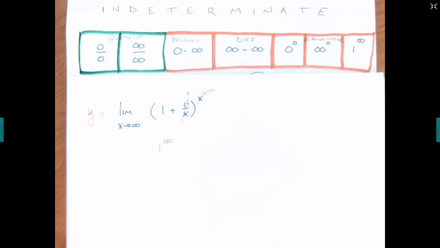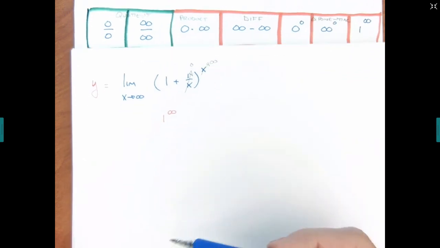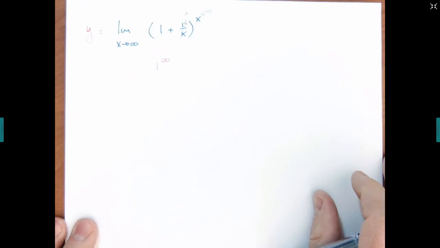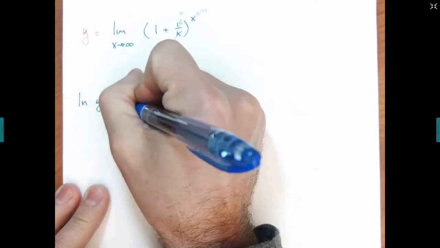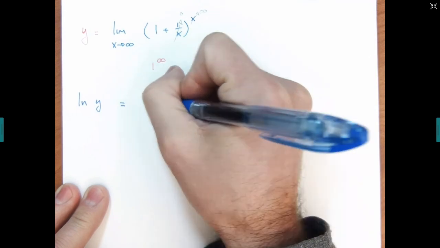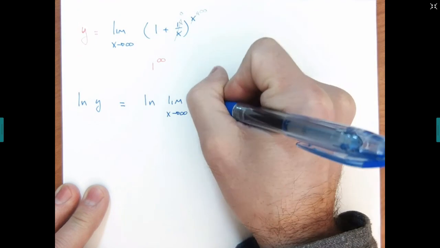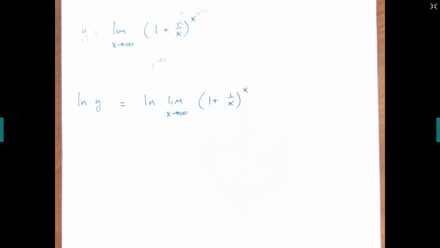What I'll do then is take the natural log of both sides. Now this will be a little bit tedious, so I'm going to use a large piece of paper so I can work my way through this. And it looks like this.